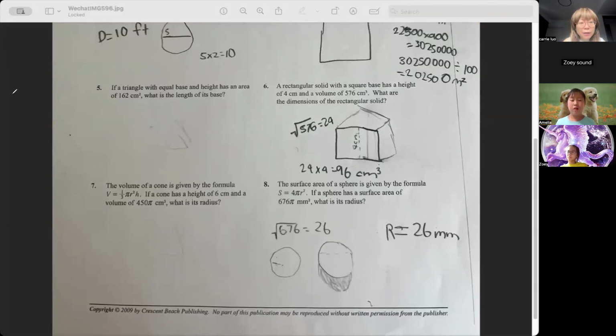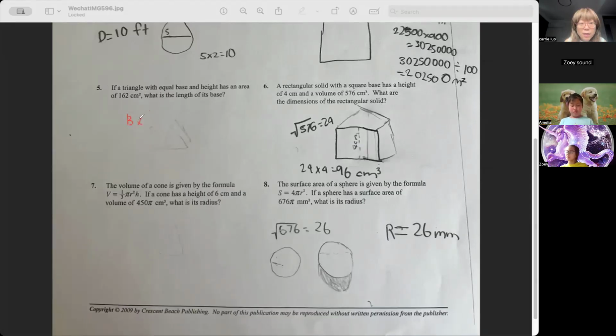Okay, number 5. Amelia, could you read the question for me? If a triangle with equal base and height has an area of 162 centimeters squared, what is the length of its base? Look at this question.